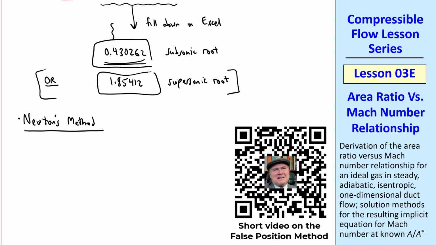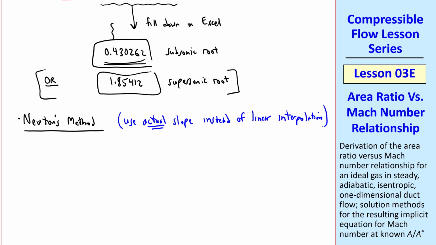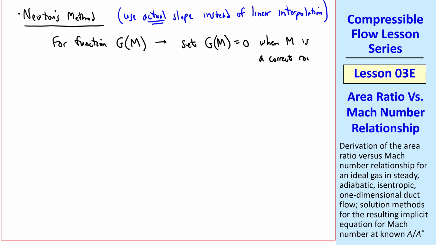I'll also briefly mention Newton's method. It's similar to the false position method, except we use the actual slope to get our next guess instead of linear interpolation. Here's how Newton's method works. For some function g of m, we pick g such that g of m is 0 when m is a correct root.